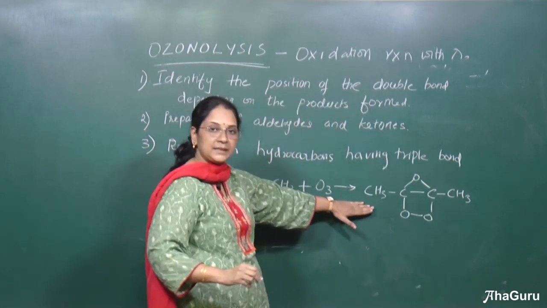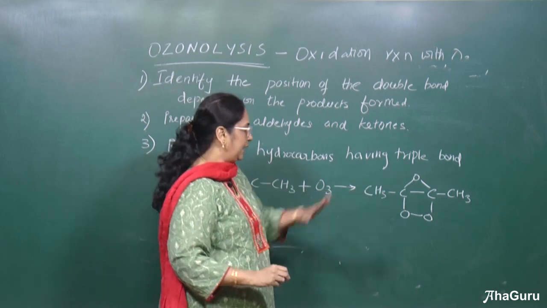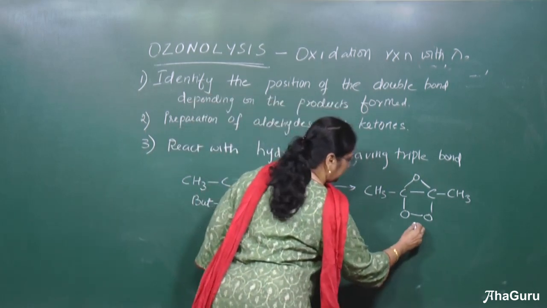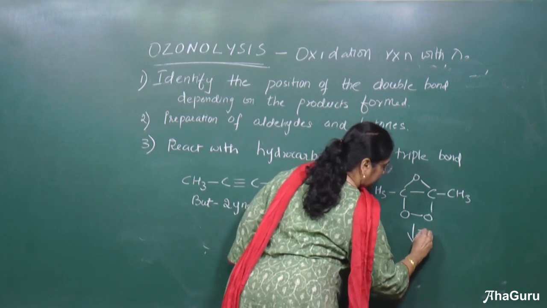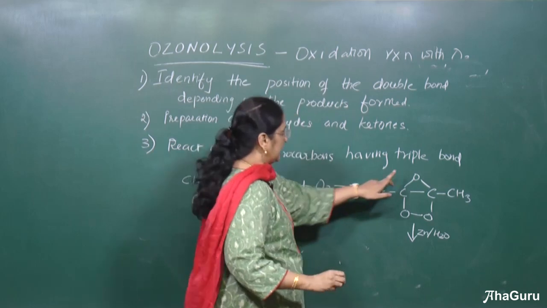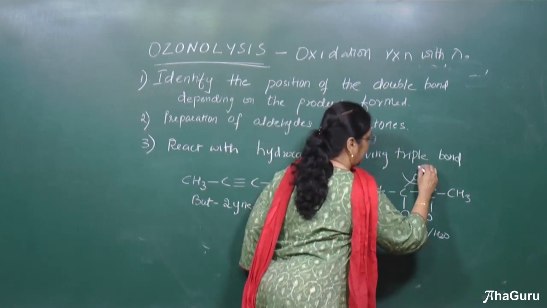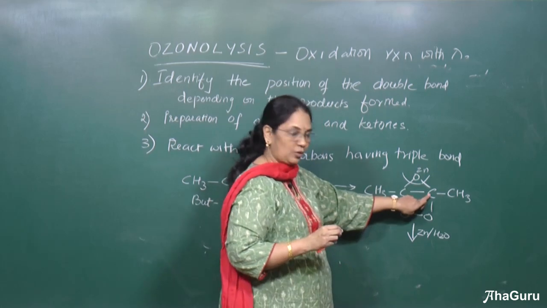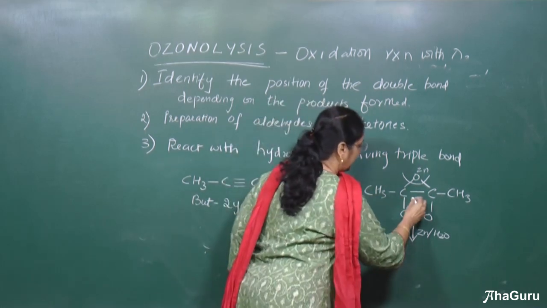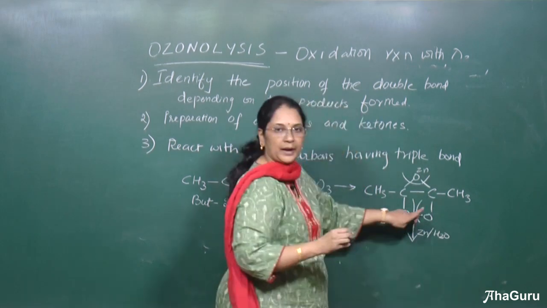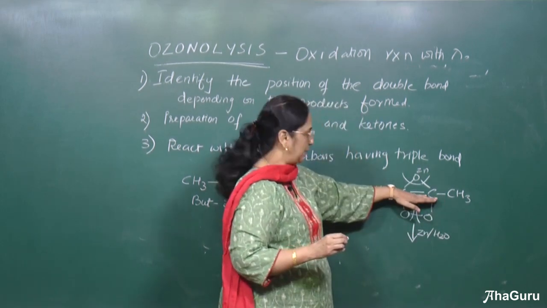Okay. So, this is the intermediate here, and again when I do the cleavage of this compound using zinc and H2O, this oxygen will be taken by zinc. Please remember that this bond will not be cleaved. So, the cleavage will happen only across this O and O. So, this bond will remain intact.